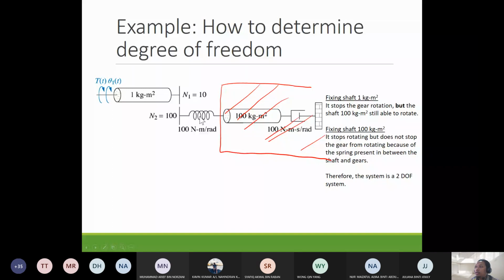But it's still able to move, so this shaft here actually has its own degree of freedom. What I want to show is that if you fix one shaft, the other shaft is still able to move, and vice versa. So the degree of freedom of one shaft here is not affected by the other shaft. So this system here is a 2 degree of freedom system.